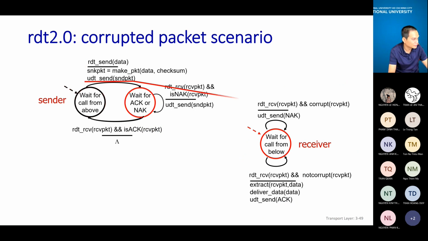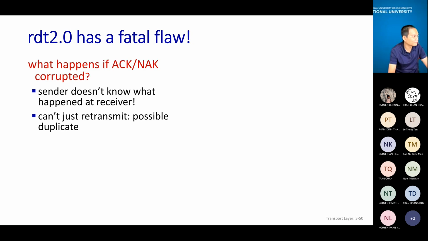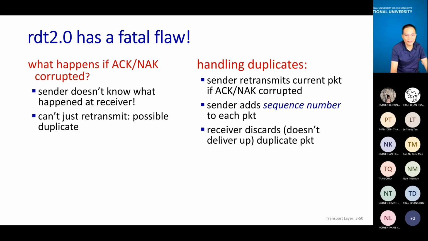Okay, I'm going to go fast. But there are some critical problems with 2.0. Why?